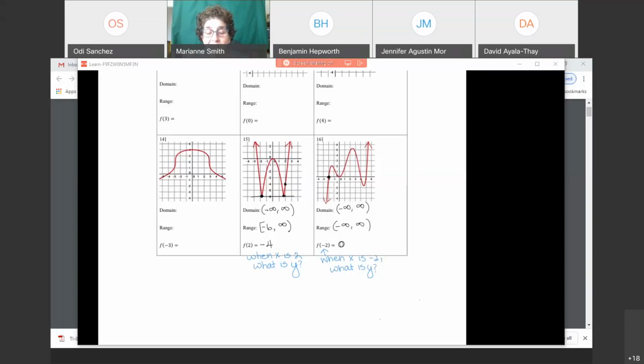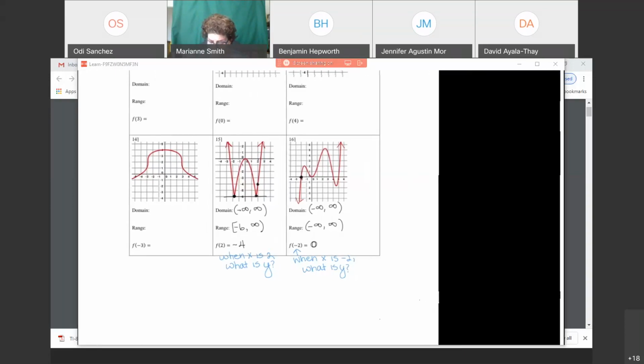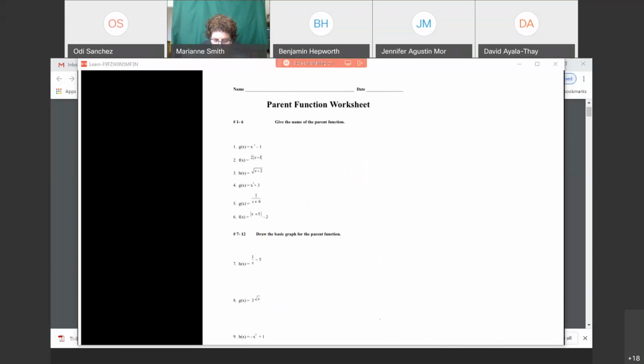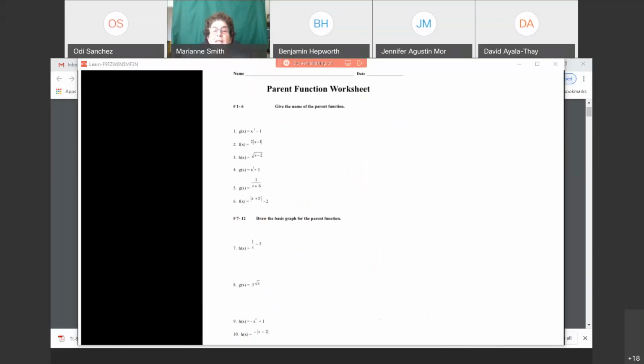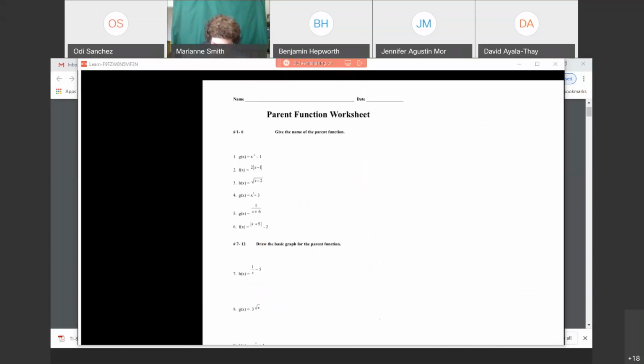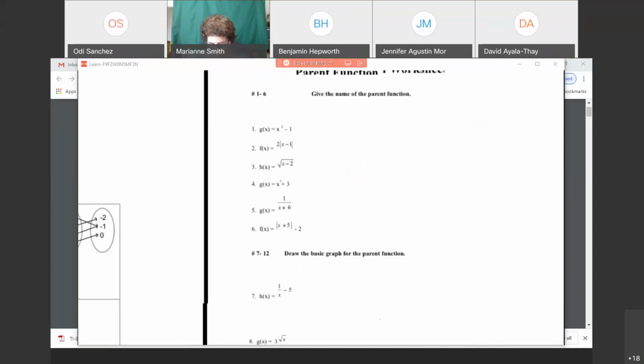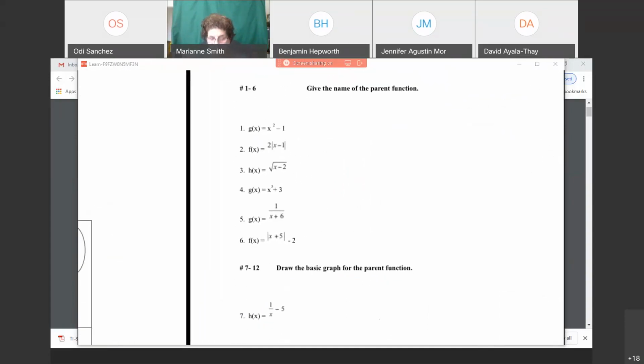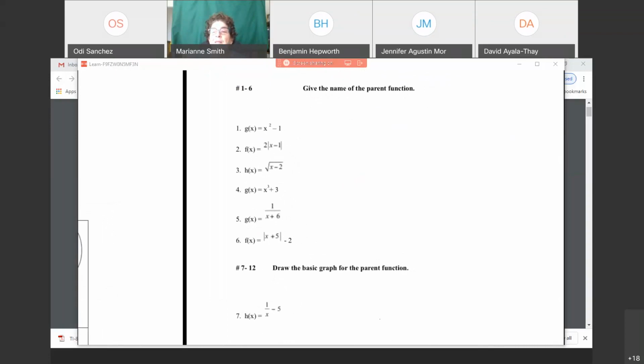So that's cool. Okay. Let's take a quick look at this. Hopefully this is large enough for you to see. Can everybody see that? Is that big enough? Okay. So basically, can people remind themselves what type of functions these are just from looking at the symbolic rule?